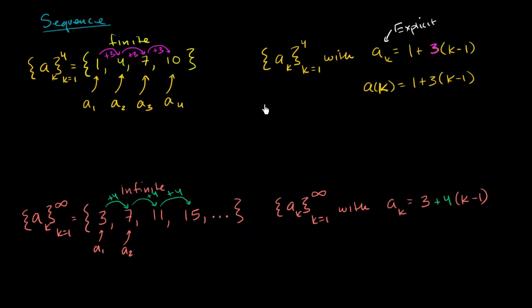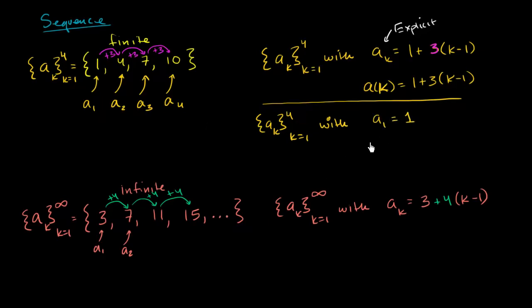Well, another way of defining this first sequence, we could say a sub k starting at k equals 1 and going to 4 with, and when you define a sequence recursively, you want to define what your first term is, with a sub 1 equaling 1, and then you can define every other term in terms of the term before it.